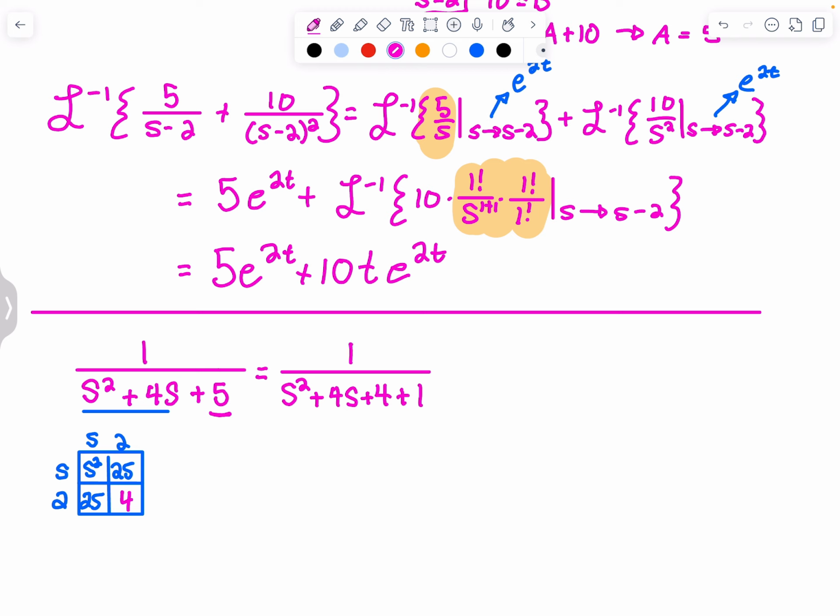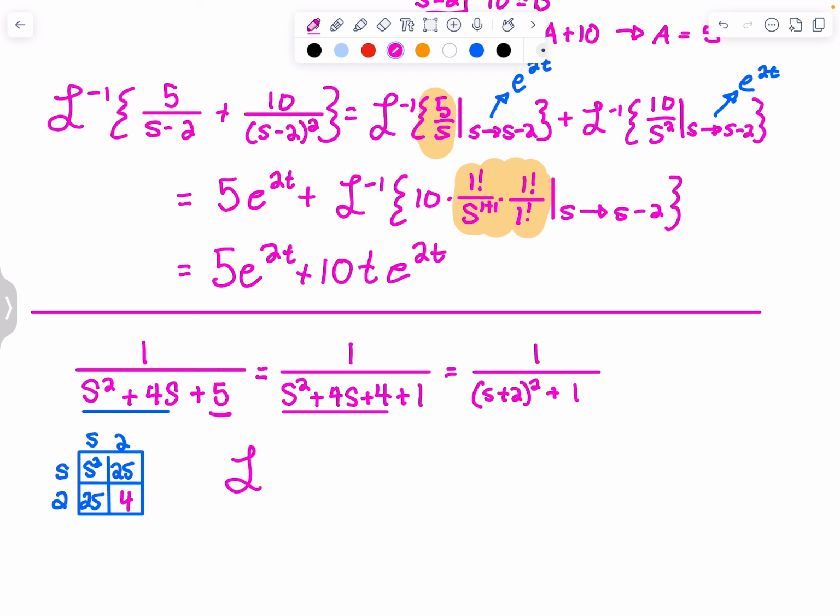And notice I didn't change anything. But now what I'm going to do is take this, and we can factor it to s plus 2 squared plus 1, and then a 1 on top. All right. So notice though, we have this s plus 2. So I'm going to go ahead and rewrite this.